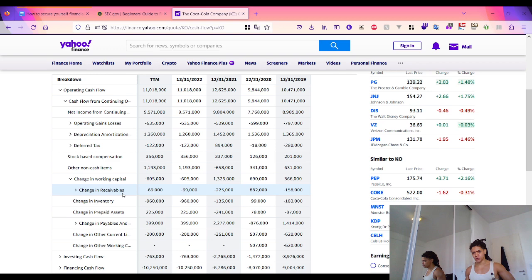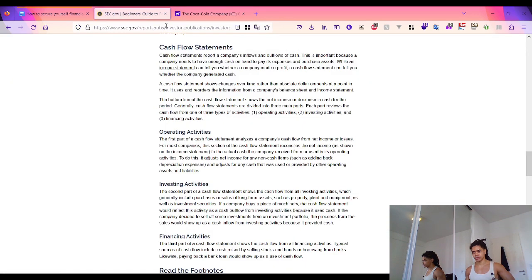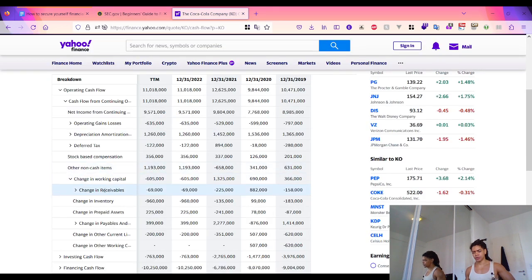When they mean used or provided, it is cash that was used or provided by any other operating assets or liabilities.